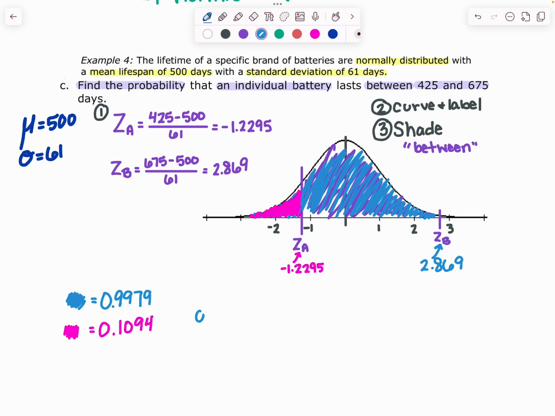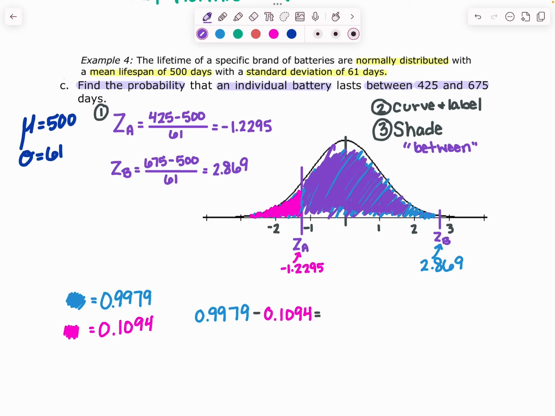So if I take 0.9979 and I subtract 0.1094, the result will be the original area that I wanted, which I had in purple, between ZA and ZB.